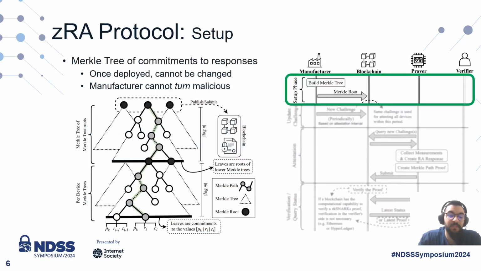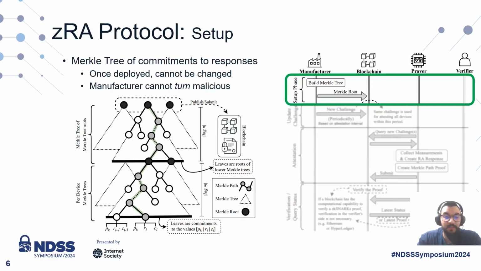During the setup phase, the manufacturer calculates all of the possible responses for each device using this series of global challenges, and then commits to these responses by calculating the hash of the public key of the device concatenated with the challenge and concatenated with the response itself.